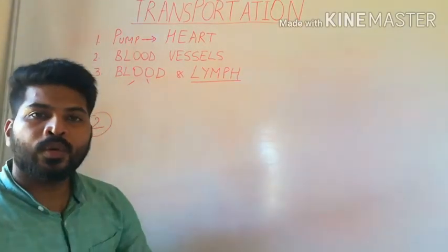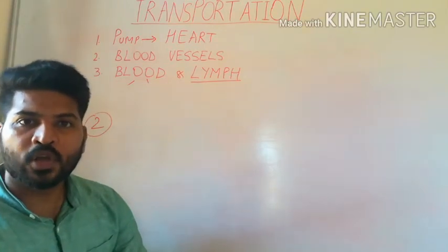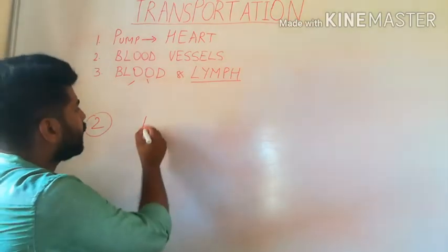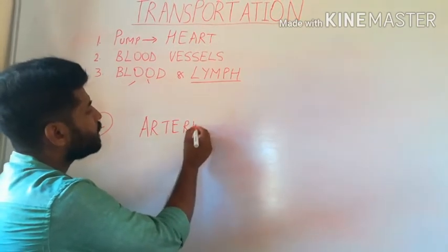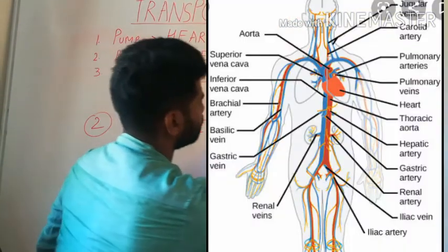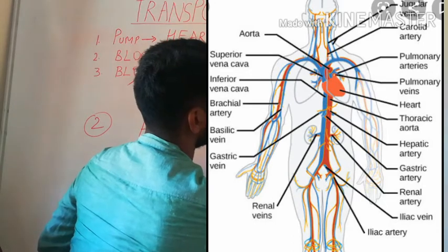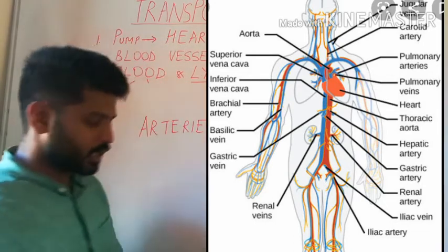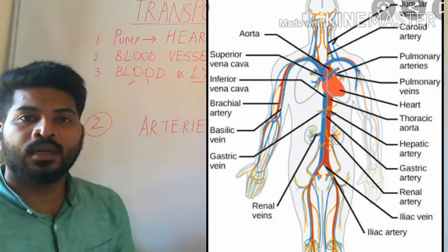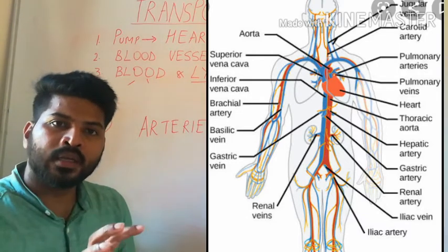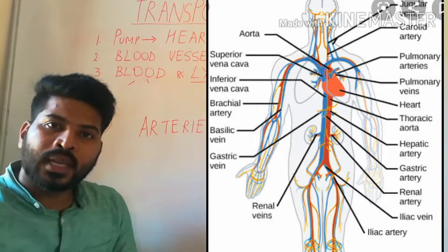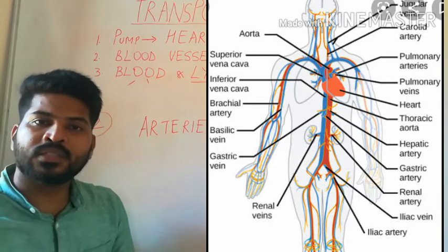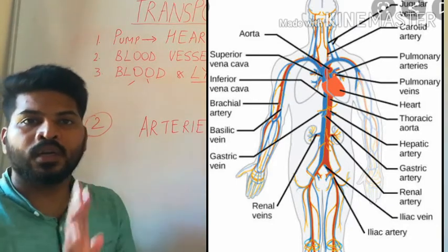There are essentially two types of blood vessels. They are called arteries and veins. Their main function is to carry blood from the heart to different parts of the body, or to collect blood from different parts of the body and take it to the heart.